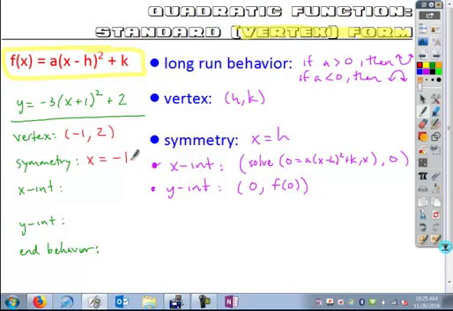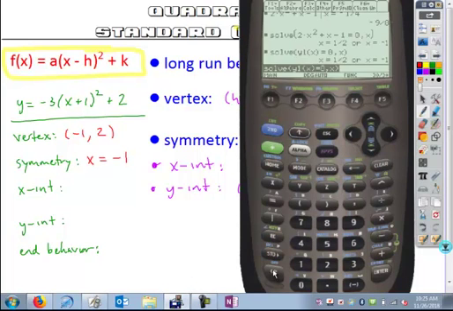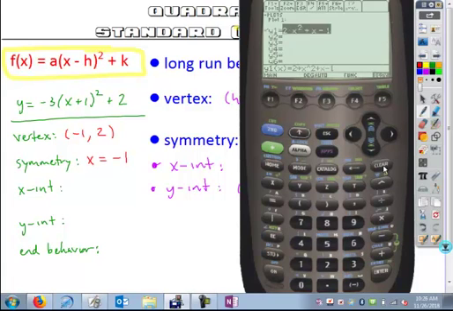Okay, I'm going to solve for the x-intercepts here, so I'm going to use my calculator. And once again, I can either put it into my y-editor or I can write it all out. I'm going to go ahead and enter it in my y-editor. So I type this whole original equation, so -3 times the quantity x plus 1 squared, all plus 2.